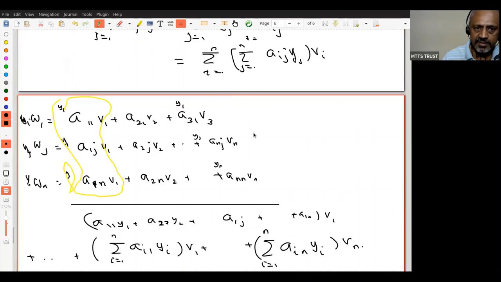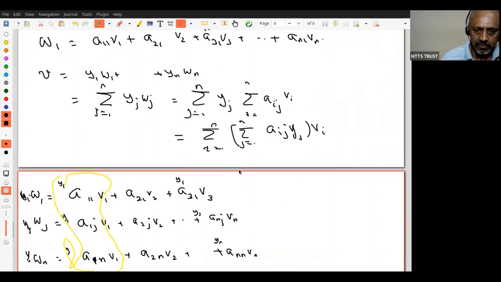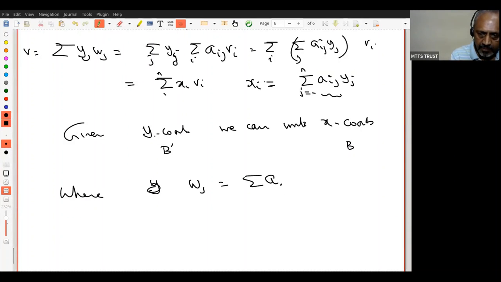How did I get aij? That is by writing the vectors in b dash as a unique linear combination of the vectors in b. You understand? So where wj is the summation of aij vi, i equal to 1 to n.